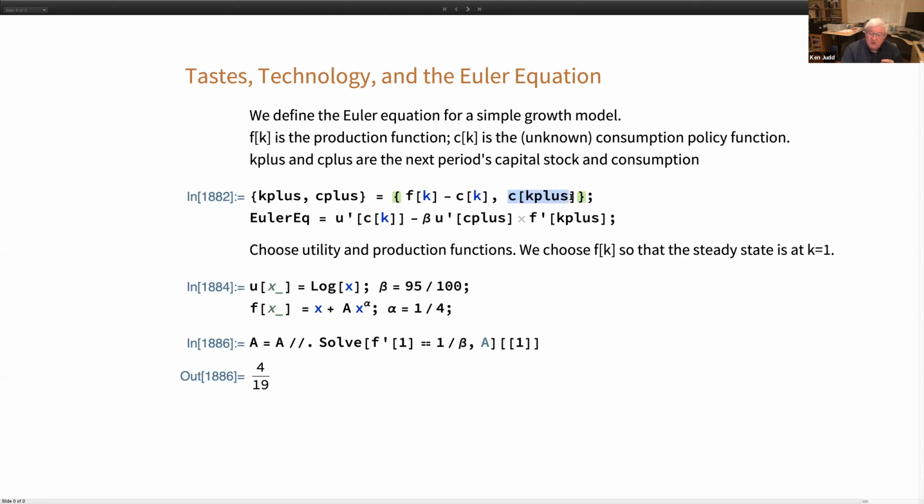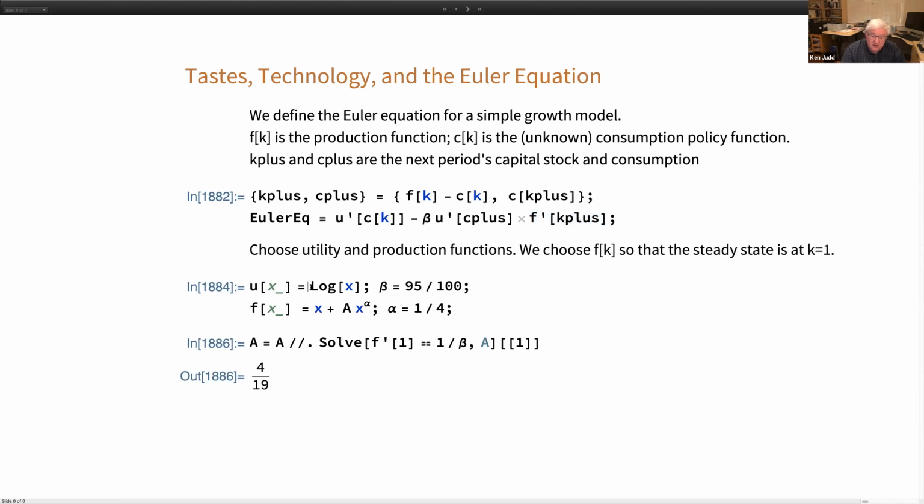Consumption tomorrow is a function of tomorrow's capital stock, so it's C of K plus. So now what's the Euler equation? The Euler equation says that marginal utility of consumption today has to equal beta, the discount factor, times marginal utility of consumption tomorrow times the gross marginal product of capital tomorrow.